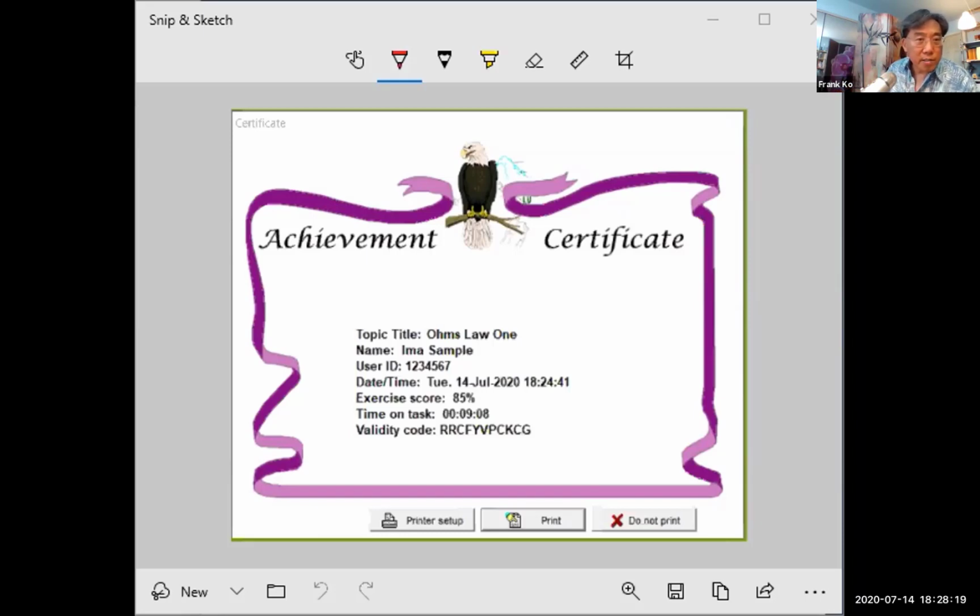In this case, it doesn't allow me to create a PDF. It immediately gives me an error. So my recommendation is do a snip and put it into a Word document or some other kind of document and call it a day. So we just finished Ohm's Law 1, and there happens to be how many in the Basic Circuits Challenge?